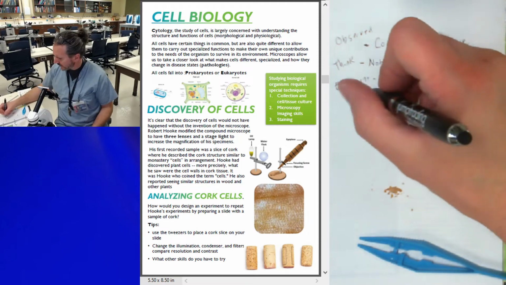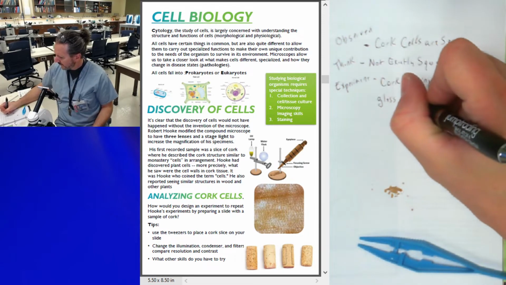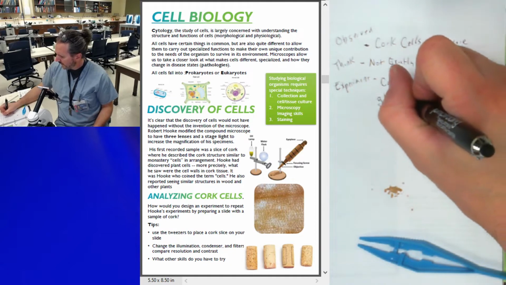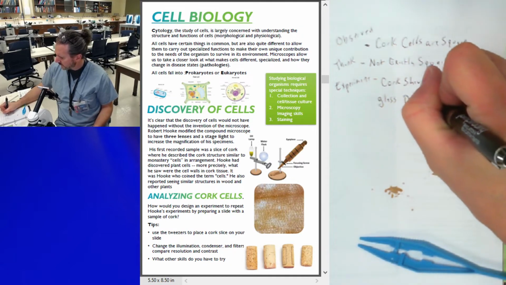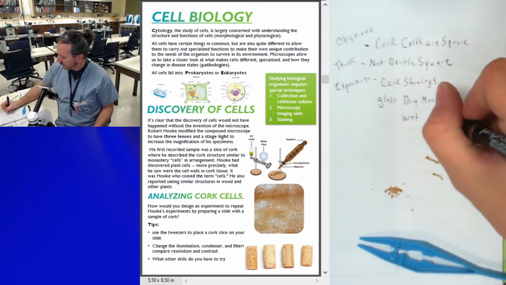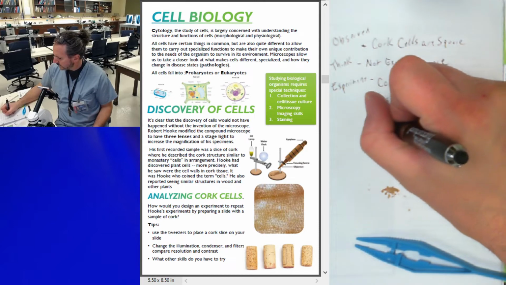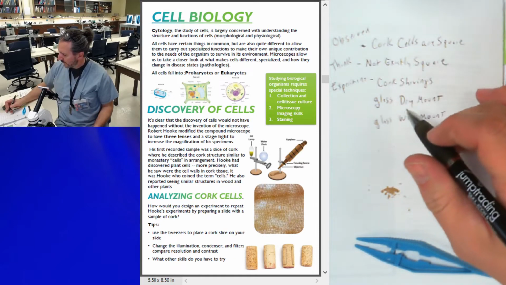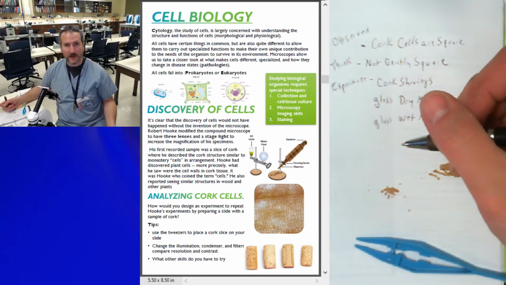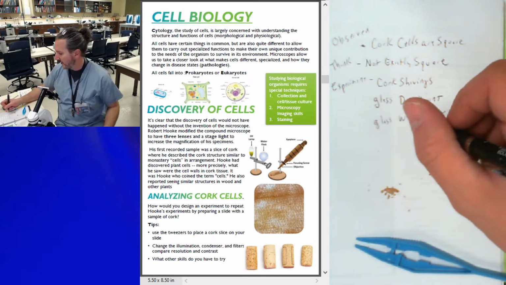So let's say cork shavings, I'm going to use a glass slide, and then I'm going to try a dry mount, then a wet mount, and of course I'm going to try out all three objectives: scanning, low magnification, and high magnification.